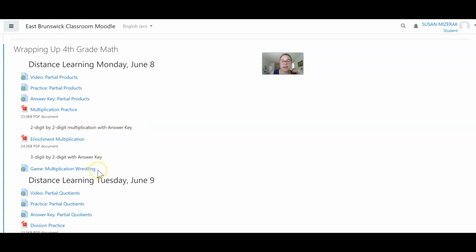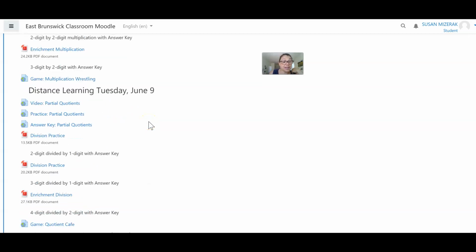And then you could play the game Multiplication Wrestling. Maybe you are ready for a challenge. So your two activities today could be the enrichment multiplication, which is 3-digit by 2-digit, and then you can play the Multiplication Wrestling game. It's up to you. Which work here would help you the most with multiplication?